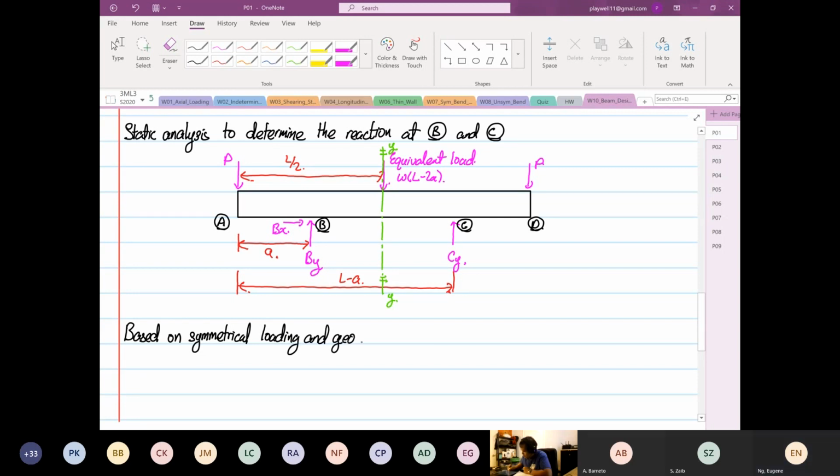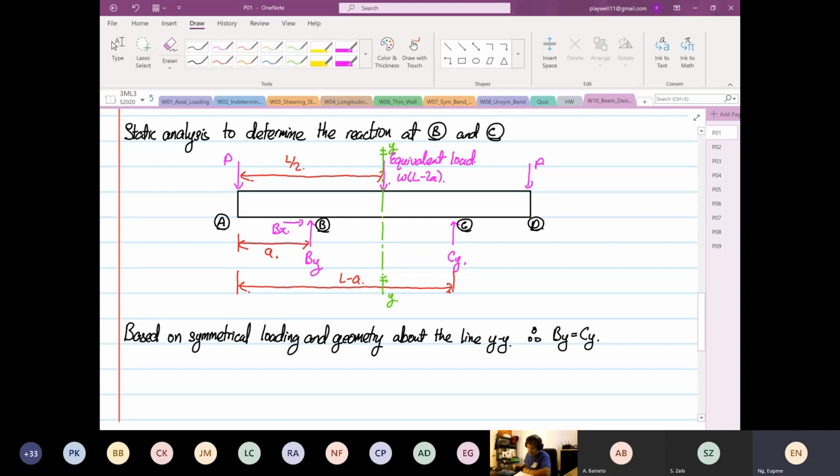So you have to satisfy both, where the symmetrical is not just the loading and also the geometry about the line YY. Okay, so what we discover here, so therefore By is equal to what? Cy. Okay, so we have By is equal to Cy.